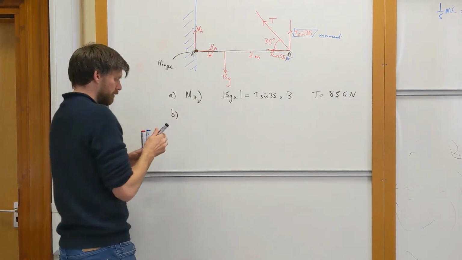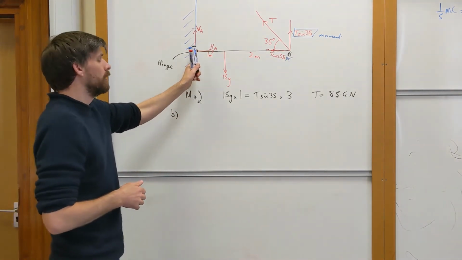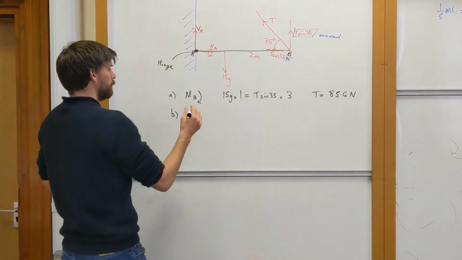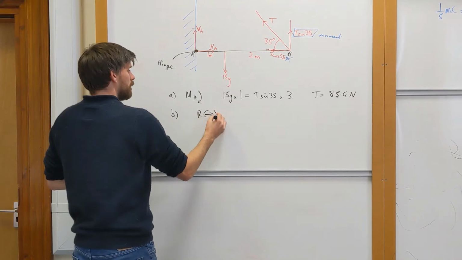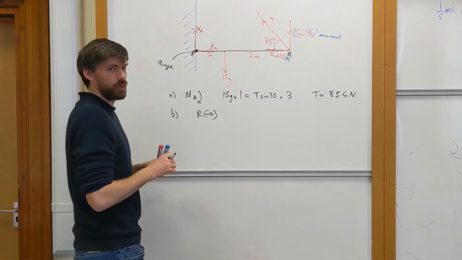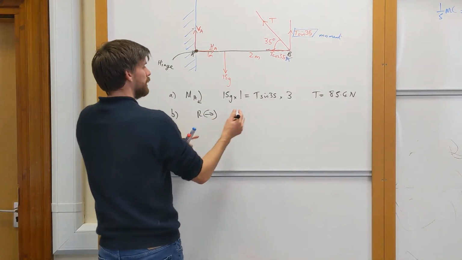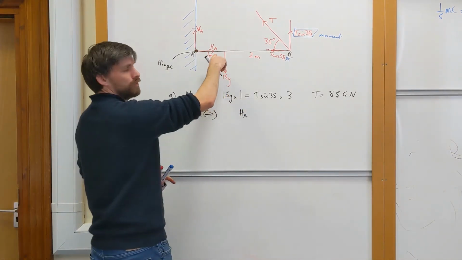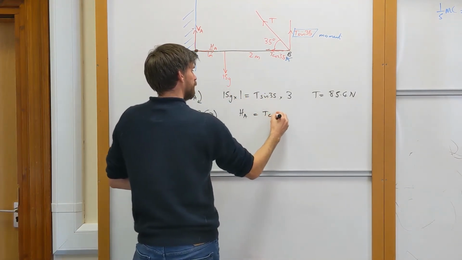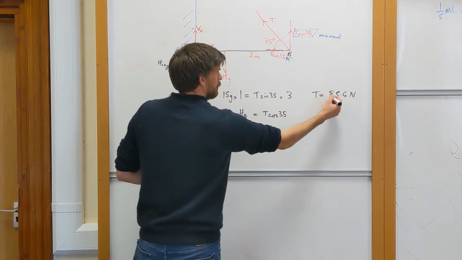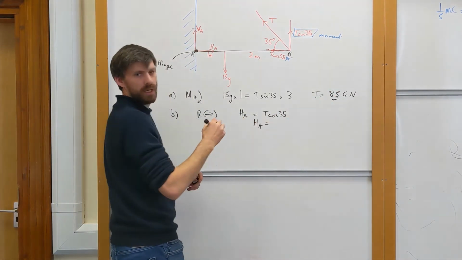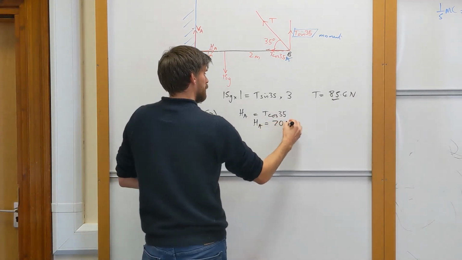Part B asks to find the resultant force at the hinge. That basically means I need to find this horizontal force and this vertical force. To do that, I'm going to start resolving forces. There's no point taking moments again, realistically. The best way is generally to resolve, it's quicker. So if I resolve horizontally, my horizontal force at A has got to be equal to the horizontal component of the tension at B. Obviously we know what the tension is now, so my horizontal force at A is 70 newtons.